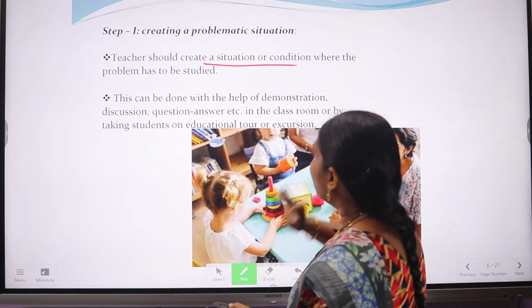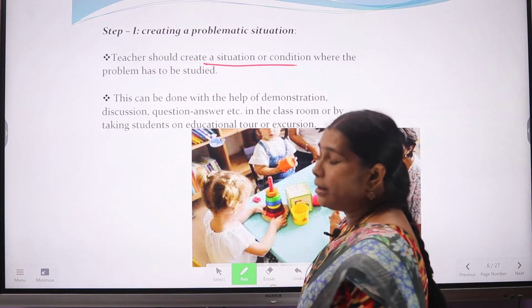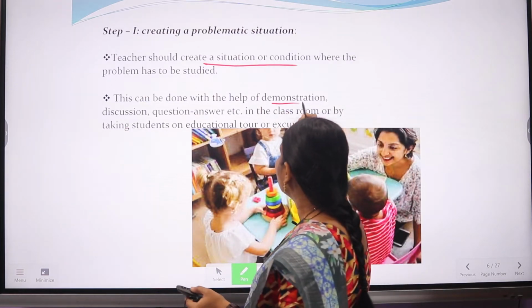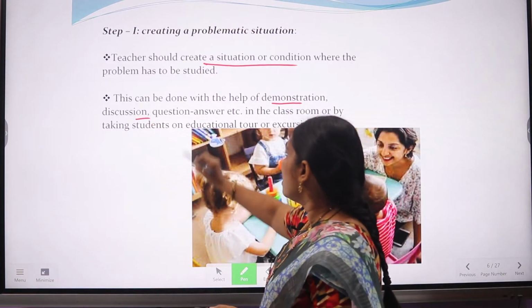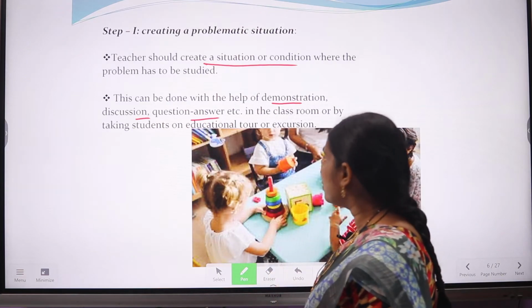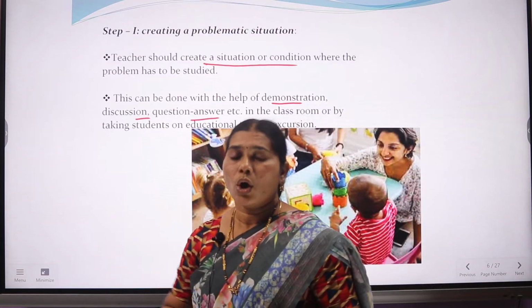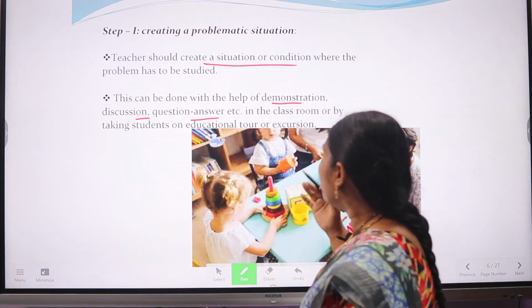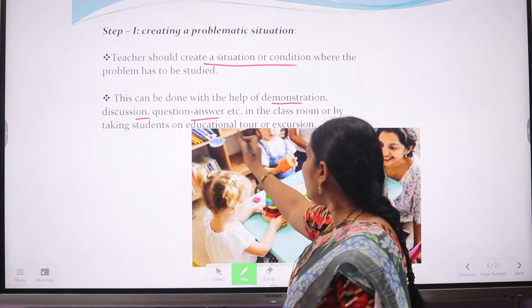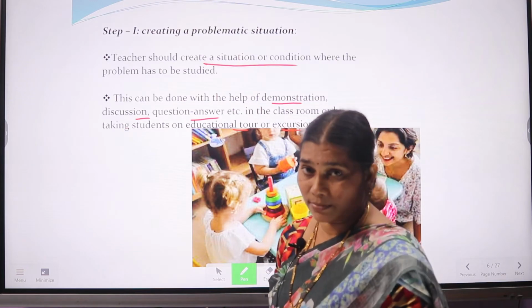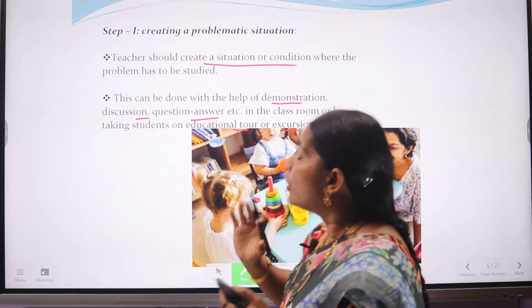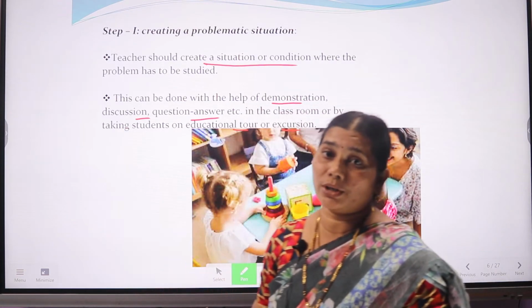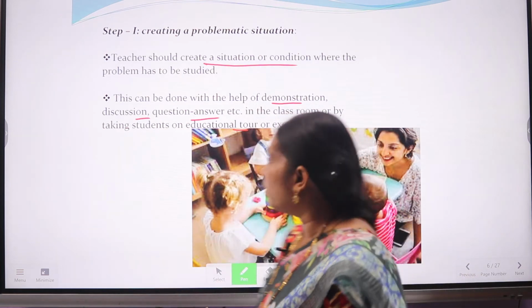This can be done with the help of demonstrations, discussions, question answers, etc. in the classroom, or you can take the students outside the classroom by engaging them in field trips or excursions. So this is how you can create a problematic situation, which is the first stage in the problem solving approach.